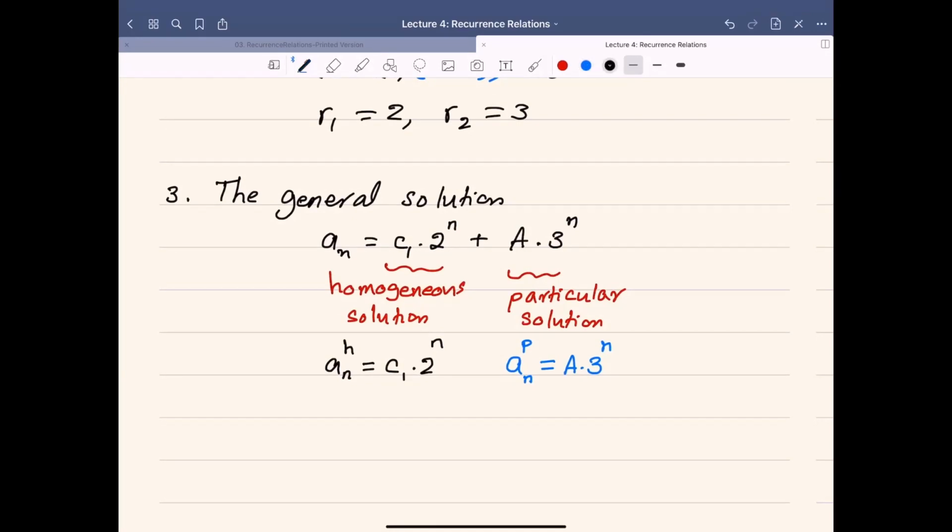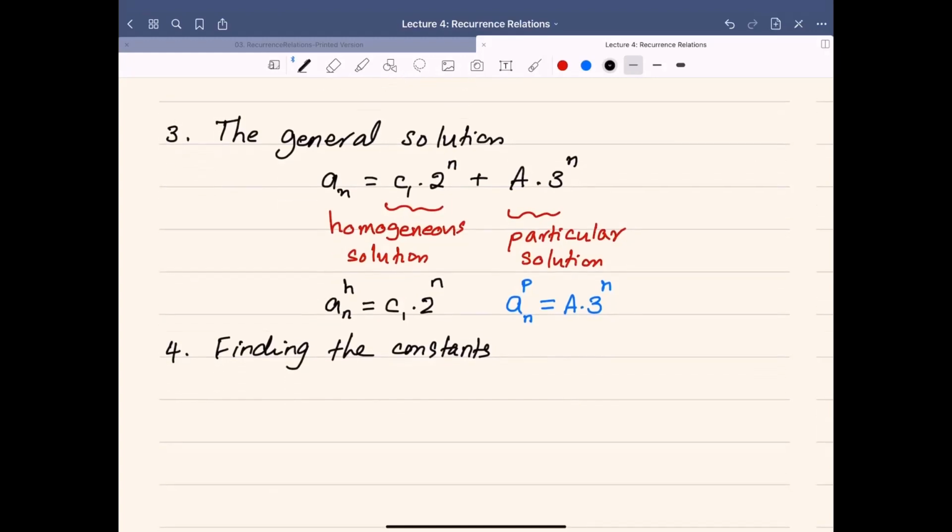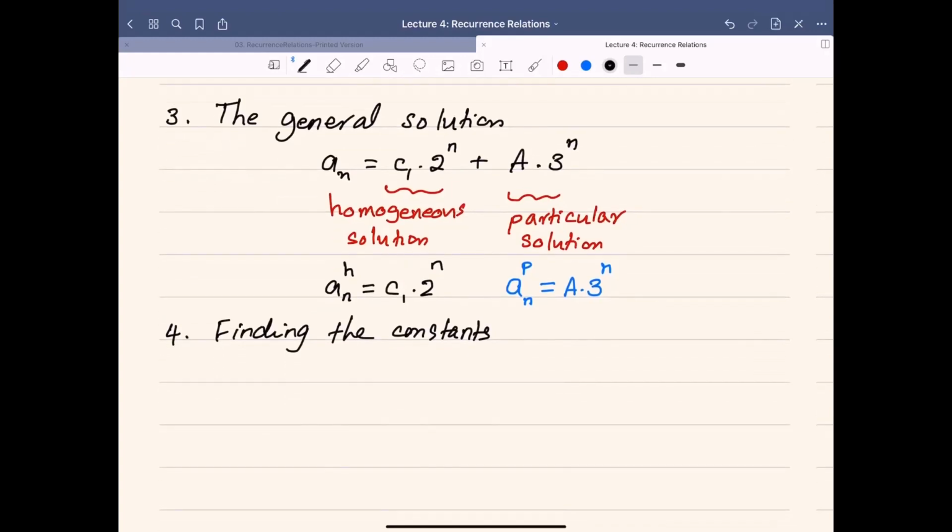For step number 4, now we will find the constants. I will teach you two methods. One is not in your textbook, finding C1 and A, the two constants at once.